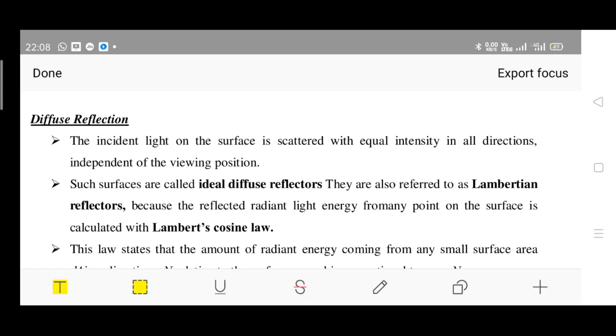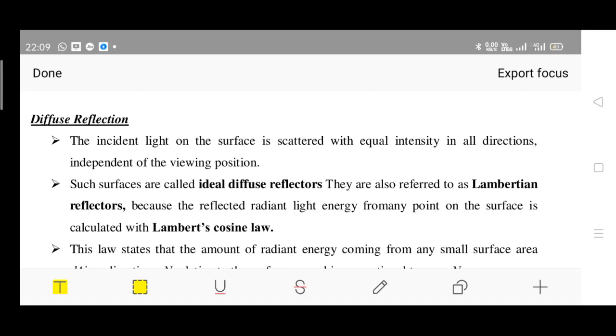Such surfaces are called ideal diffuse reflectors. They are also referred to as Lambertian reflectors, another name. The reflected radiant light energy from any point on the surface is calculated using a law called Lambert's law.